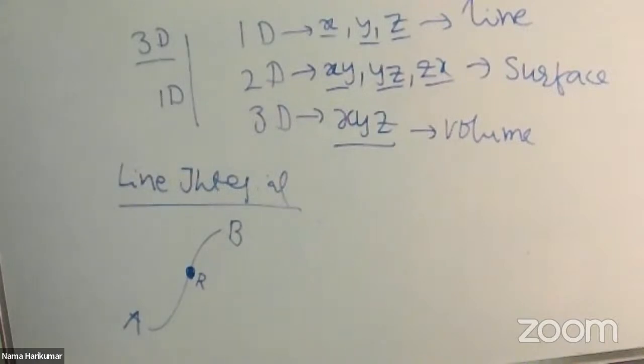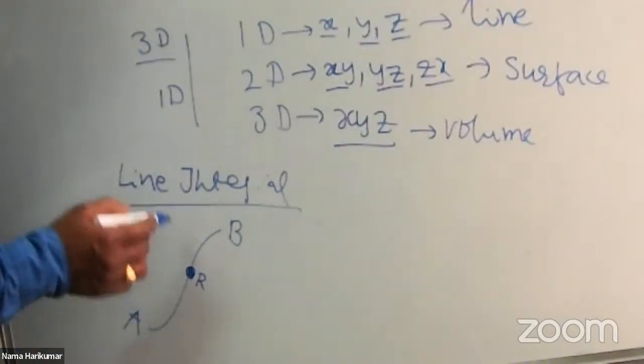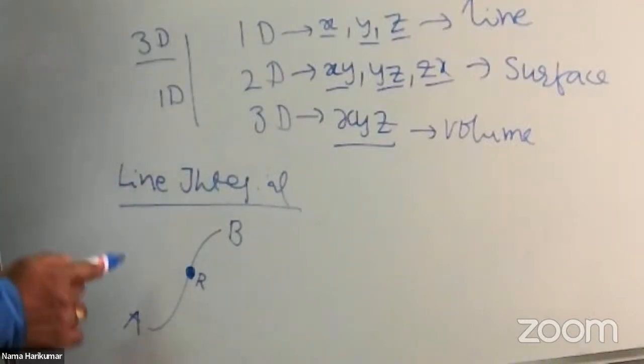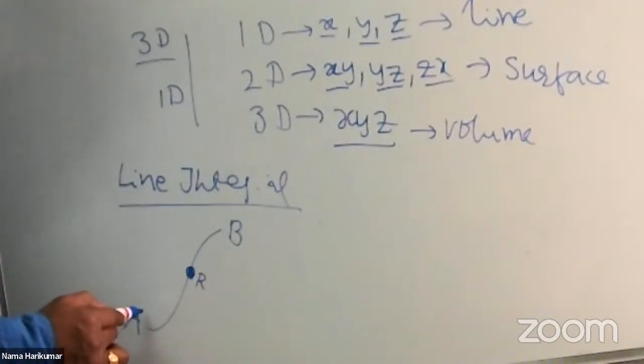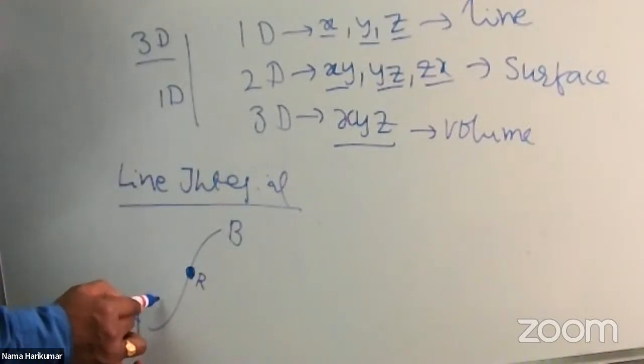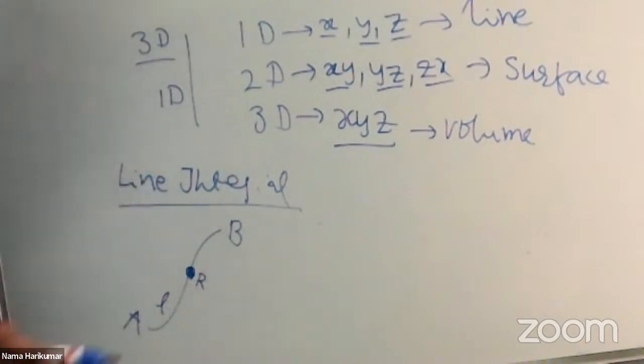The dot is also a vector dot, so it has magnitude and direction. First of all, assume the AB curve has length L. L is the magnitude of the AB curve, and the curve also has a direction.